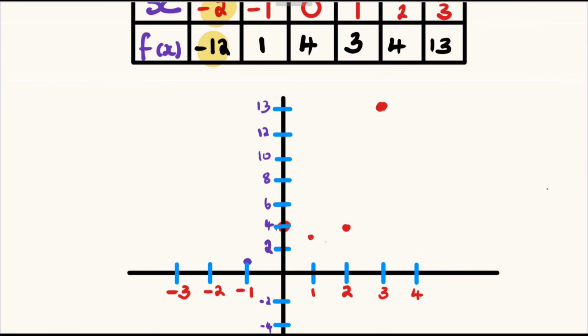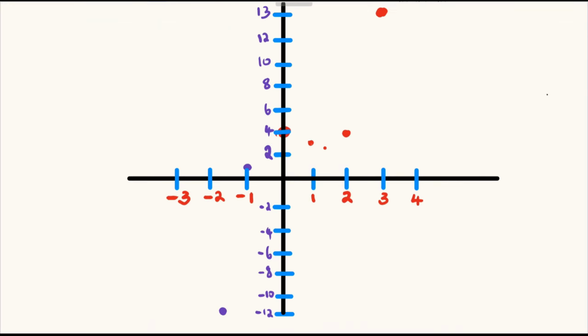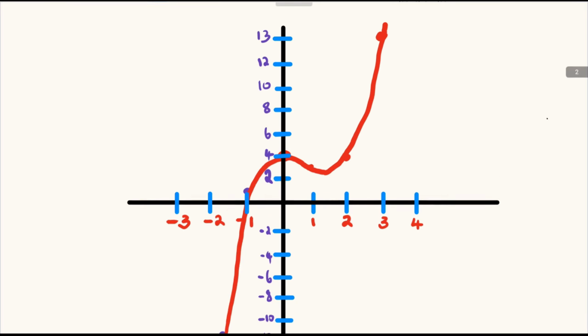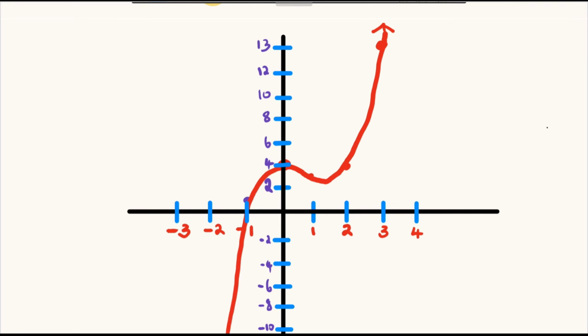So let's also include this turning point. That will be our second turning point, the first one being at 0 and 4. So let's join our points. That will be our first turning point and second turning point, and this will be our graph.